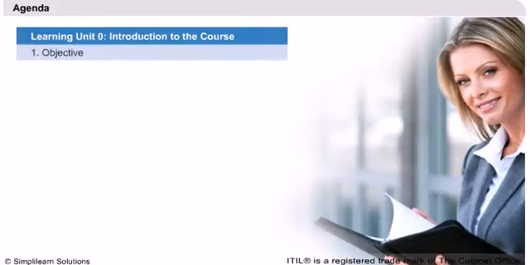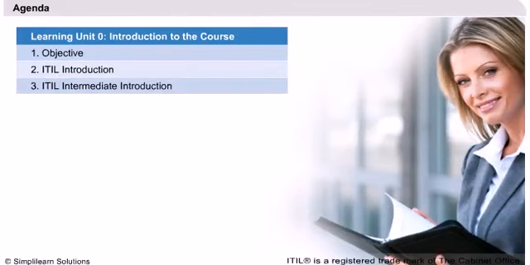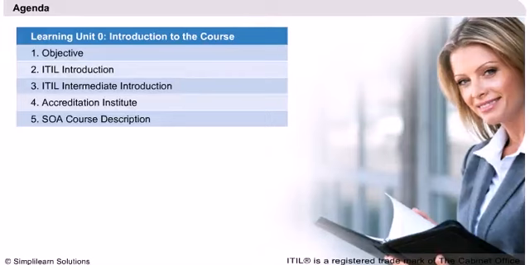We will first begin with the objective of this lesson, followed by a few recap topics that you might have covered during your ITIL foundation level. The topics we will cover are ITIL Basic Introduction, ITIL Intermediate and its relevant topics. This is followed by information about the Accreditation Institute, SOA course description, and its objective.